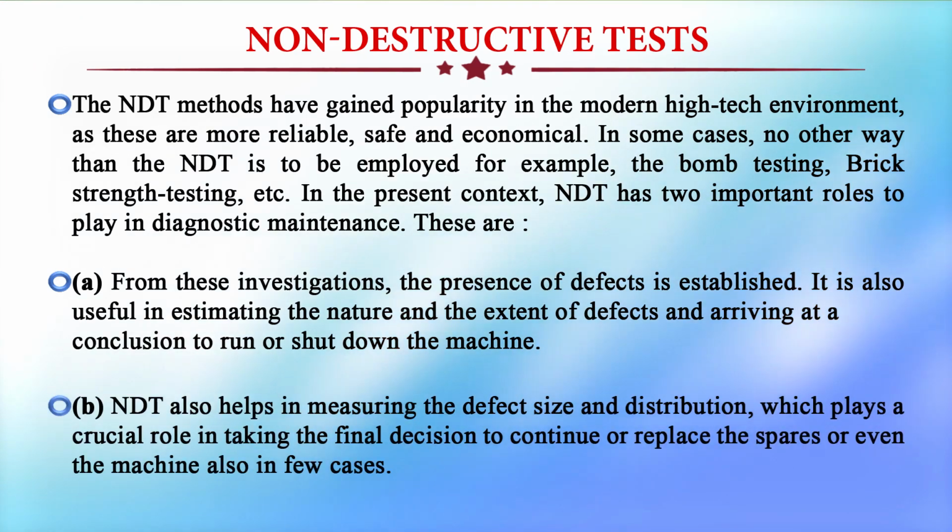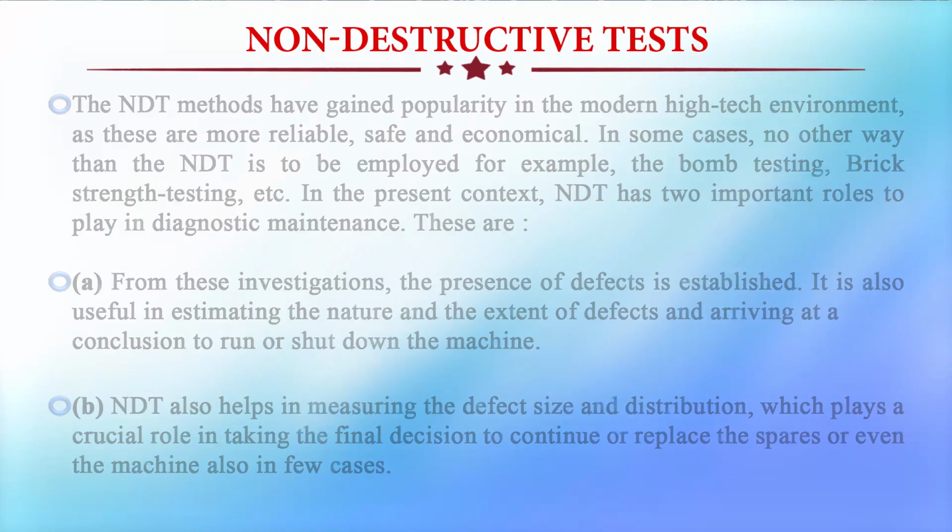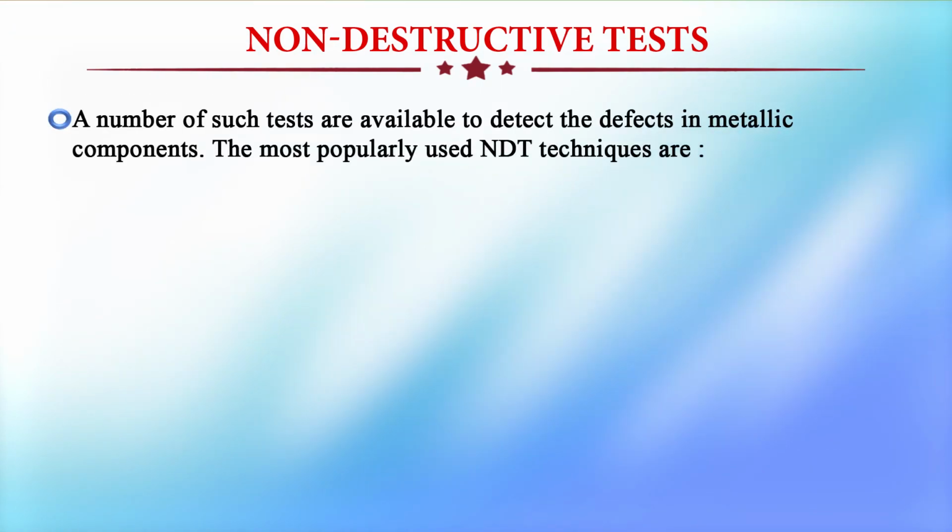B. NDT also helps in measuring the defect size and distribution, which plays a crucial role in taking the final decision to continue or replace the spares, or even the machine in a few cases. A number of such tests are available to detect defects in metallic components.